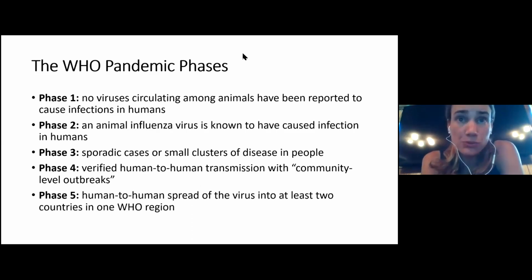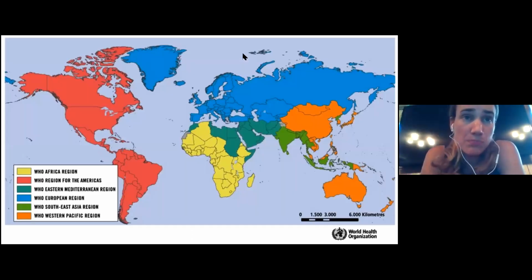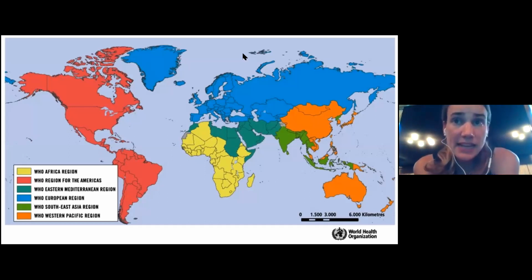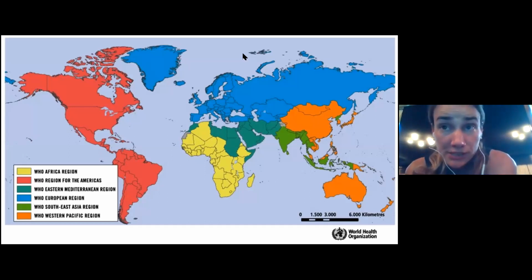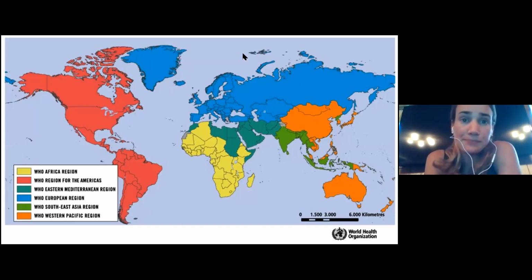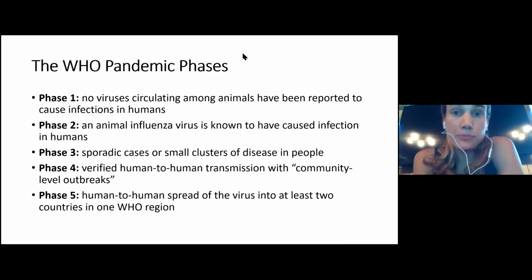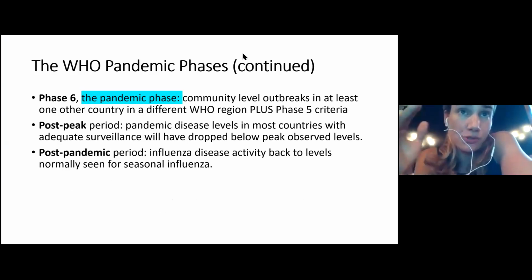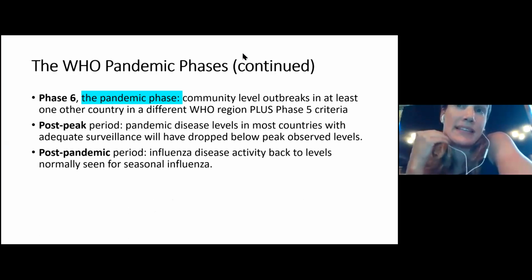So coming back to our case of Ebola, look at the regions here. Those are WHO regions. They say you need to have spread to at least 2 countries in 1 WHO region. We had that for Ebola in 2014. So again, why wasn't it a pandemic? We'll go to phase 6, which is the actual confirmed, global pandemic.